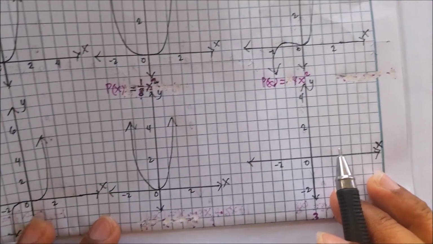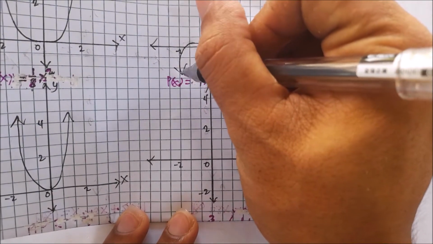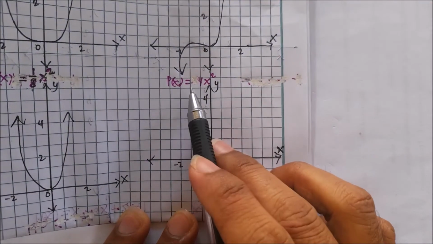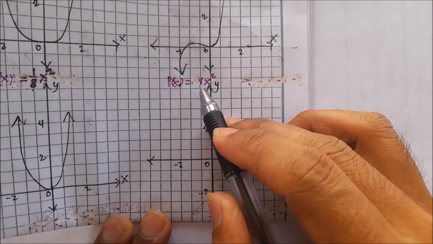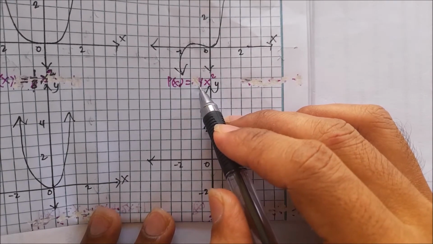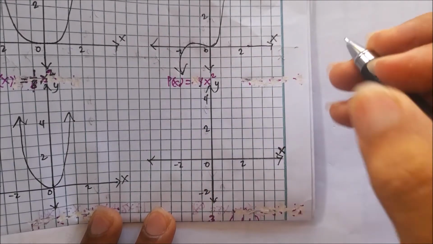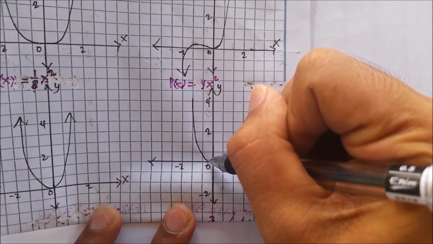Another example: p of x equals positive 4x squared. Since the coefficient is positive 4, the form of the graph is upward.